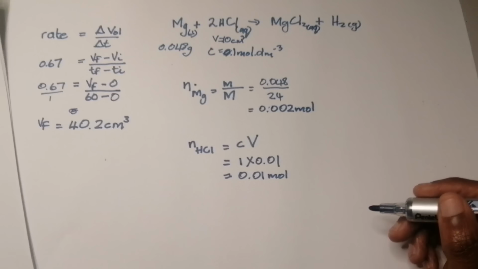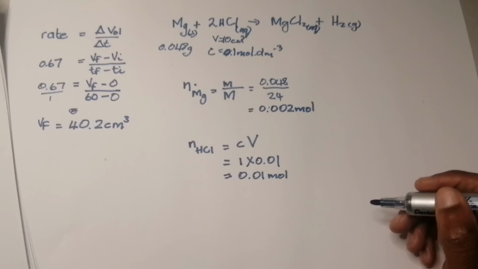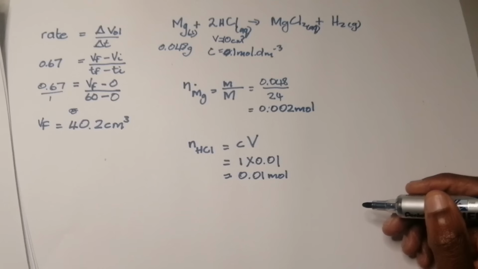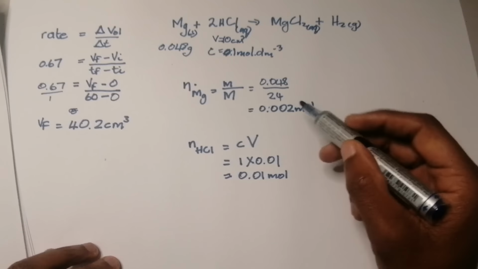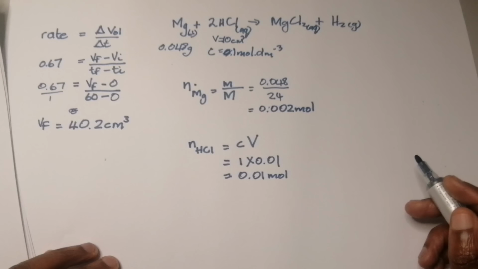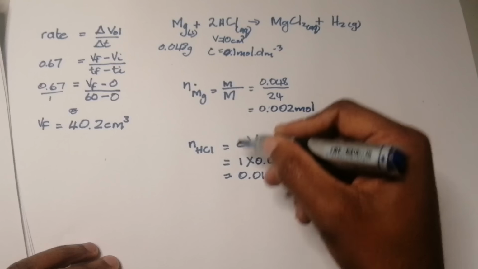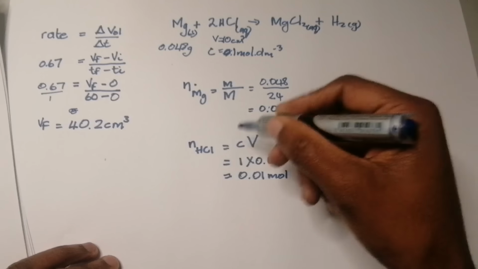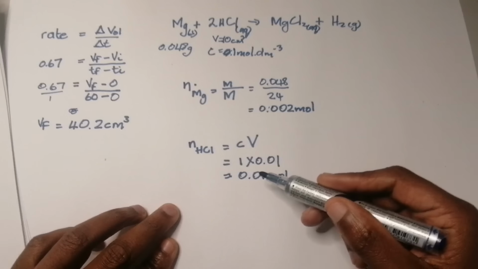So actually, let me use magnesium to find out the mass of the reactant that is left, right? Now, please, I want you to follow me very carefully. Listen carefully. So what did I find? I found the number of moles of magnesium, all right? And I found the number of moles of hydrochloric acid.